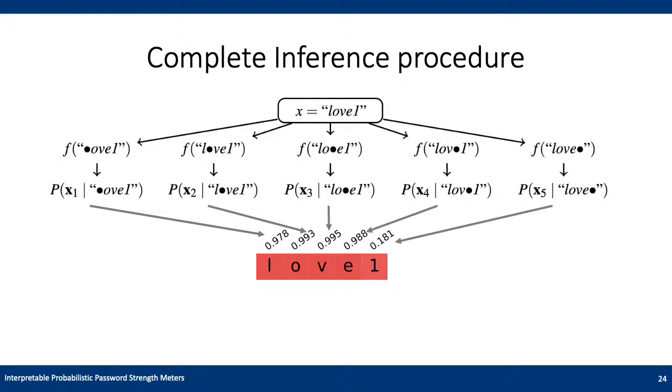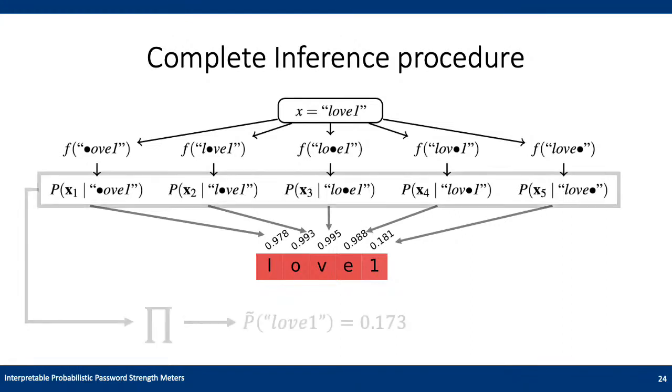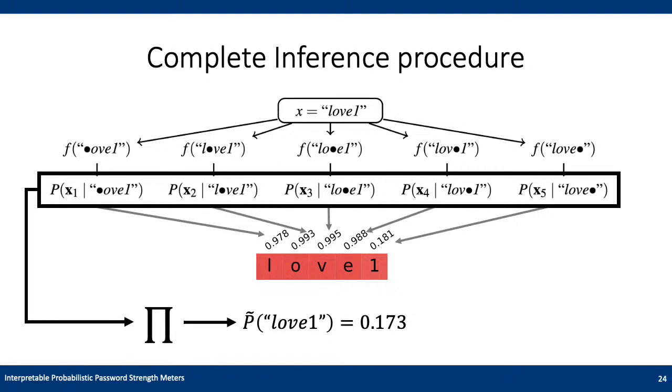Obtaining the local probabilities, we can use them to enable the feedback mechanism. Instead, by multiplying them, we obtain the scalar normalized probability that we can use to give a global strength estimation to the password. Here it's important to note that, differently from an autoregressive model, the network inference can be computed in parallel with almost no overhead over the single inference.